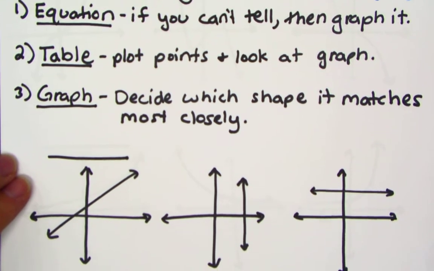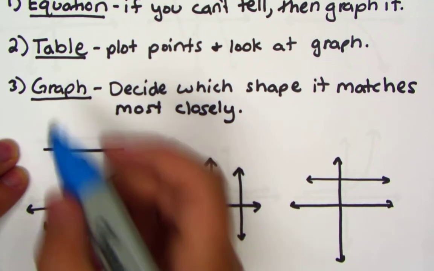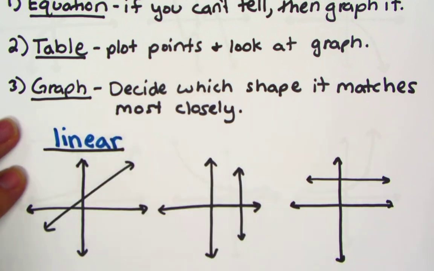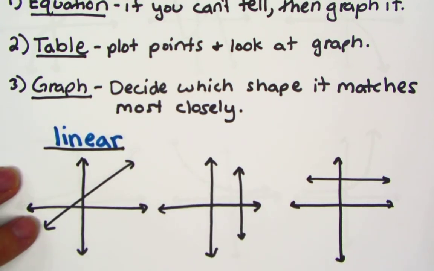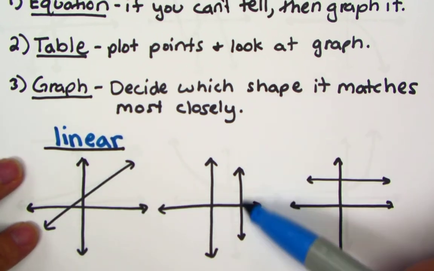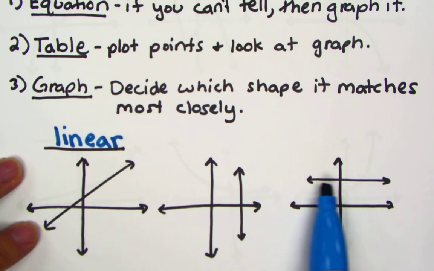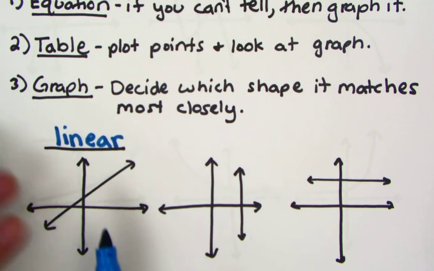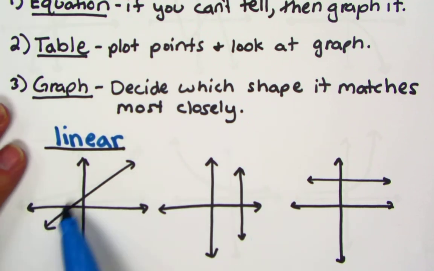The first one we're going to look at is linear. Each of these three examples are of linear functions. Notice that they can be slanted, or we can call that oblique. They can be vertical lines, or they can be horizontal lines. But you just want to make sure that the slope is the same. There are no curves in it.